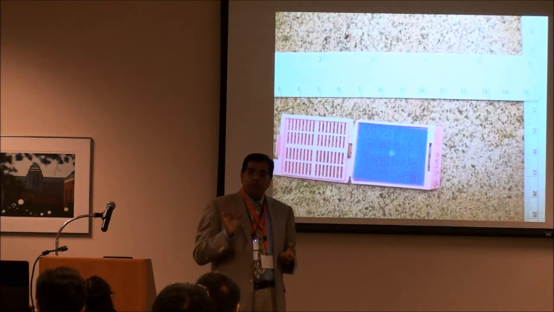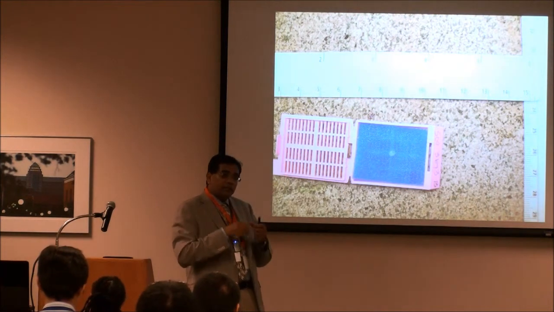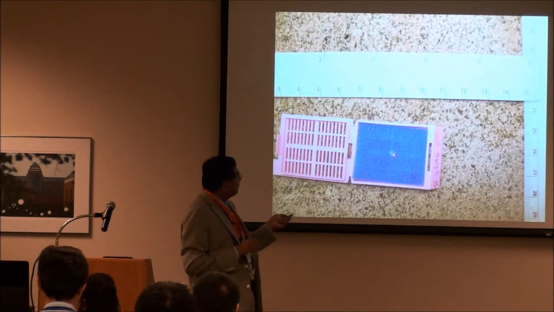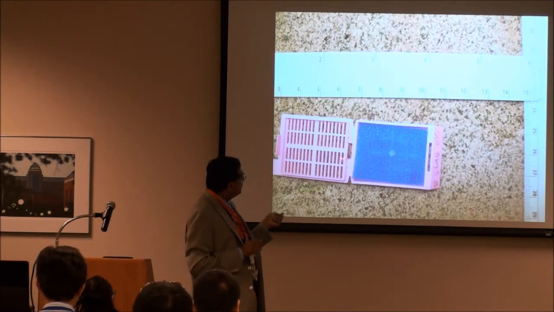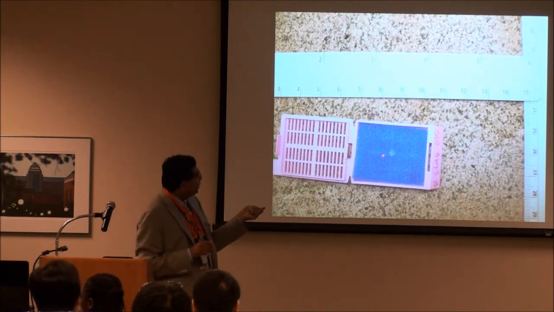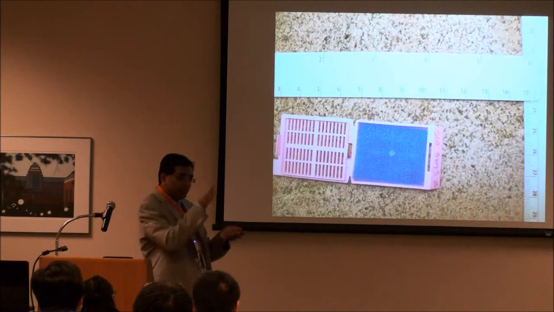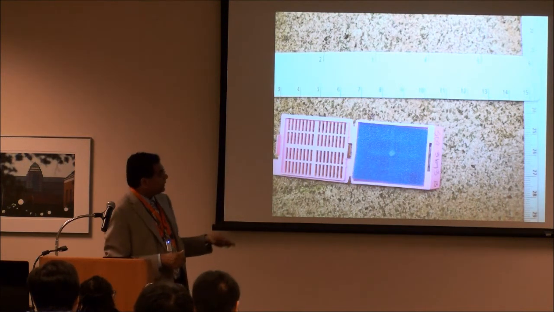They take the polyp out, send it in a little container, and the container gets processed by the lab, and the tissue is taken out and put between the sponges. The reason we use sponges is because you see these little holes here. You don't want the tissue to run away through these little holes, right? So you put a sponge here and then a sponge on the top, and then you close it and you process it.